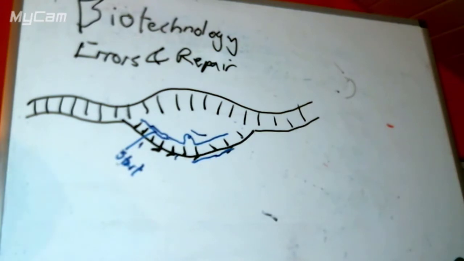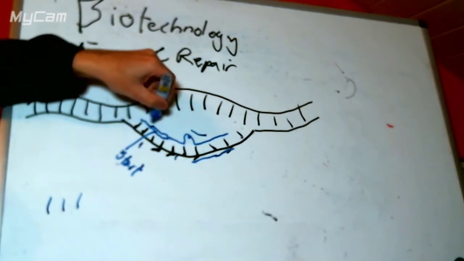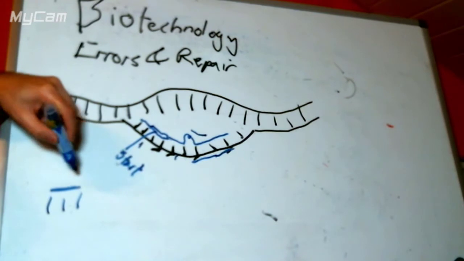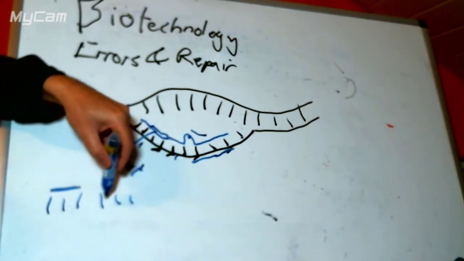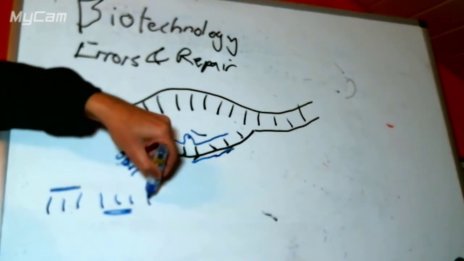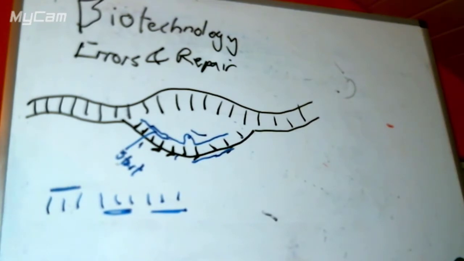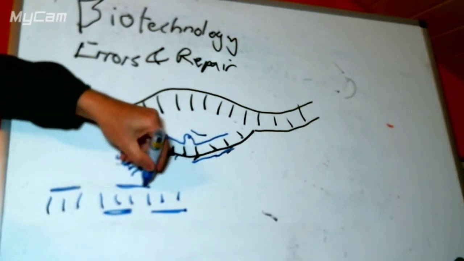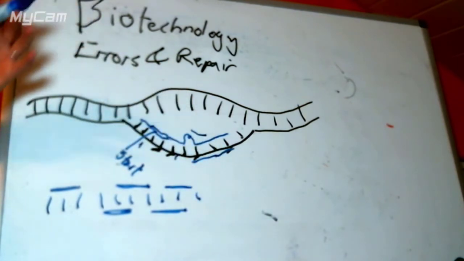This is known as a frame shift mutation. Effectively the start codon, the beginning of the protein, defines where we want to start our protein, and then we continue from there, which sets our sets of three up, and if we add or remove a number of bases that doesn't divide by 3, then we end up in a different frame, so we end up reading the wrong bases together, which means that we get completely the wrong thing.